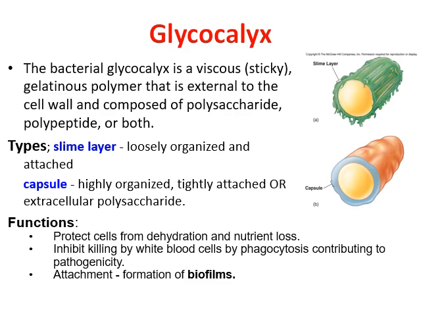It also provides attachment and the formation of biofilm. The bacteria can form biofilm if they have this slimy layer or this glycocalyx. They become attached easily to any surface, and they can form the biofilm very easily.